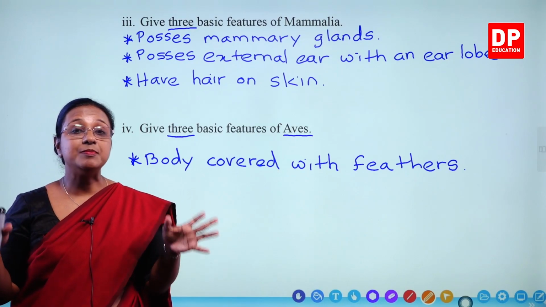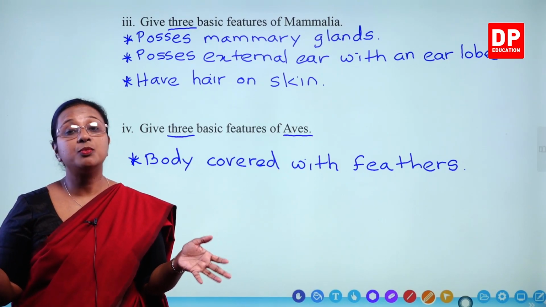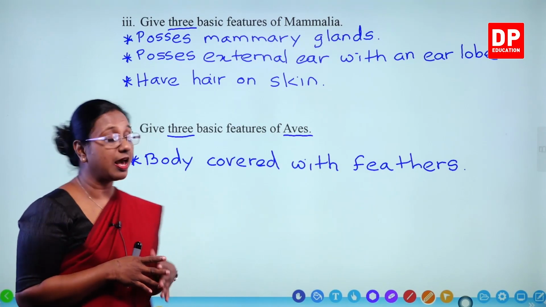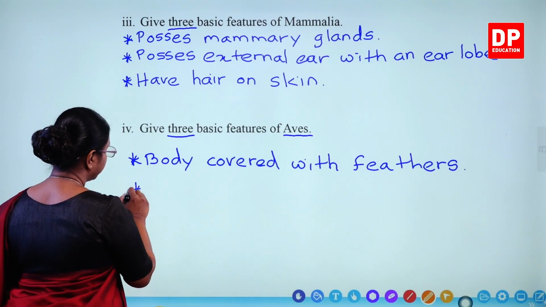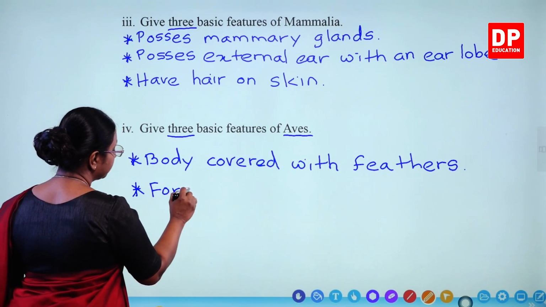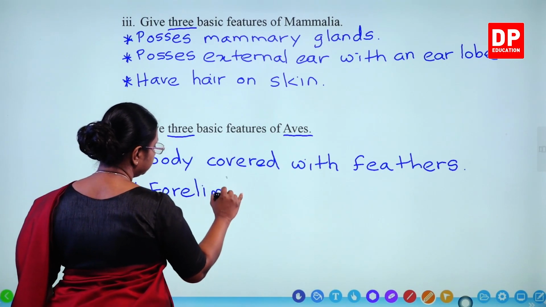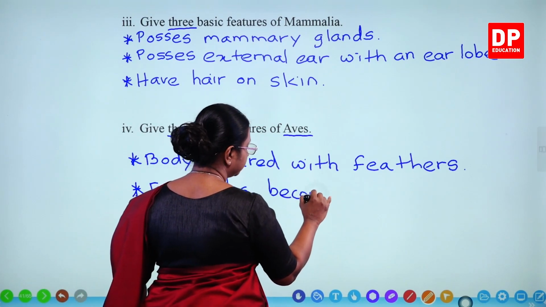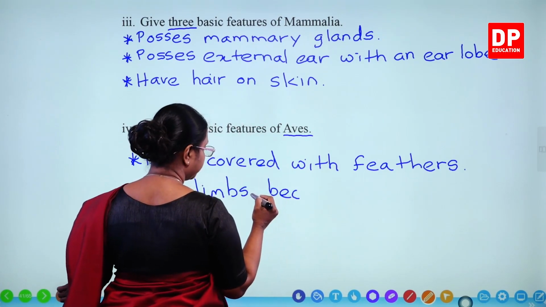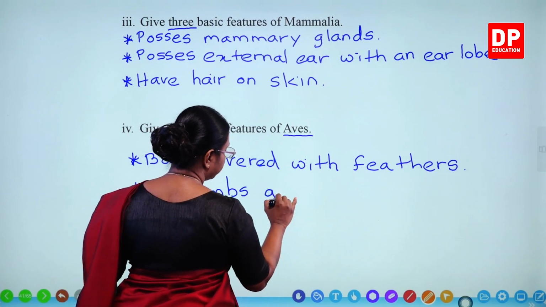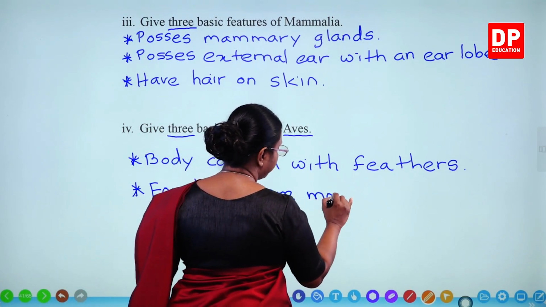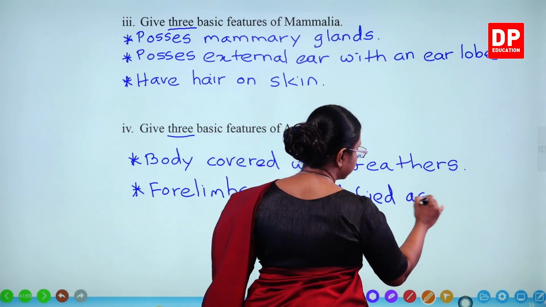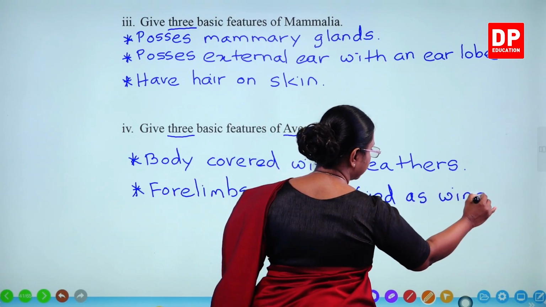Their forelimbs are adapted as wings. The forelimbs become wings so that they can fly. So, forelimbs become, or we can say modified, as wings.